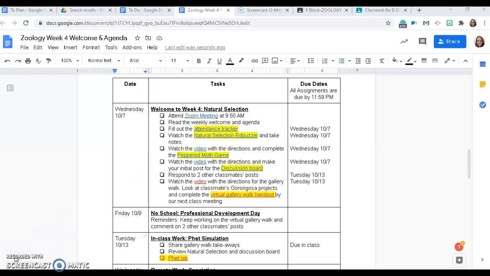This is the agenda for the week. The agenda is slightly different than what we normally have just because we have the Friday Professional Development Day for teachers and the Monday holiday. So if you are in cohort A, I will see you on Tuesday the 13th.